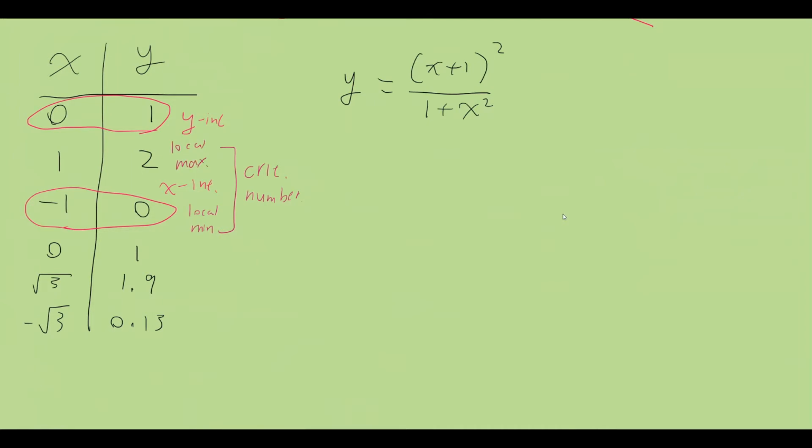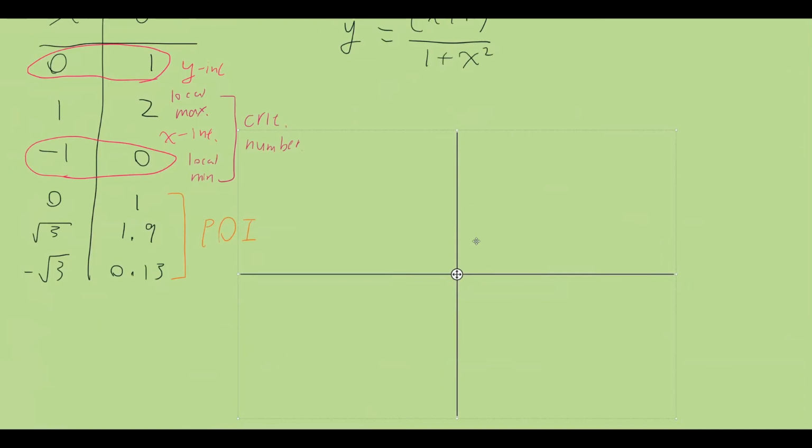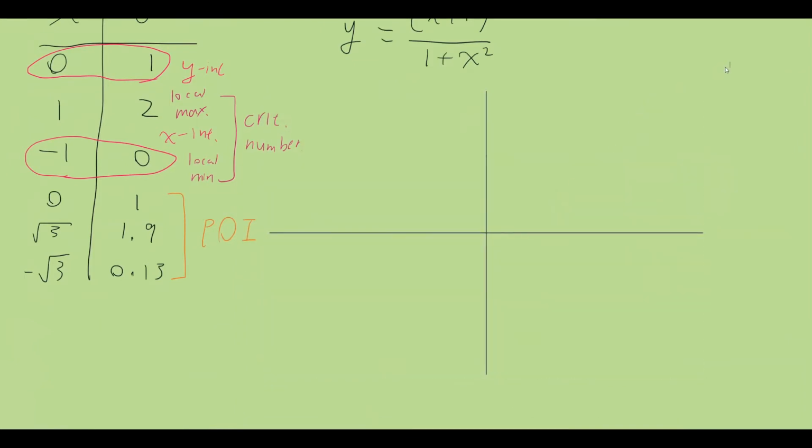Okay, and then of course the last 3 points, these are your points of inflection where the concavity changes. Okay, so let's plot these points first. Let's see, 0, 1, say right here, and then negative 1, 0.